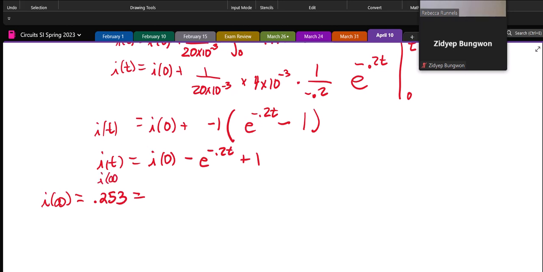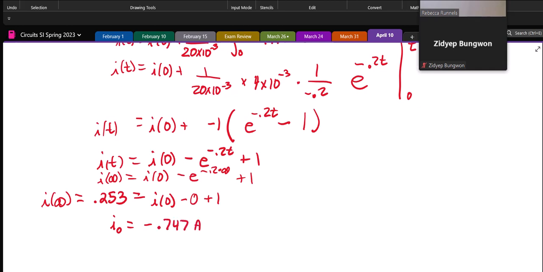So I at infinity equals I at 0 minus e to the minus 0.2 times infinity plus 1. So 0.253 equals I of 0 minus e to the negative infinity is 0 plus 1. So I of 0 equals negative 0.747 amps.